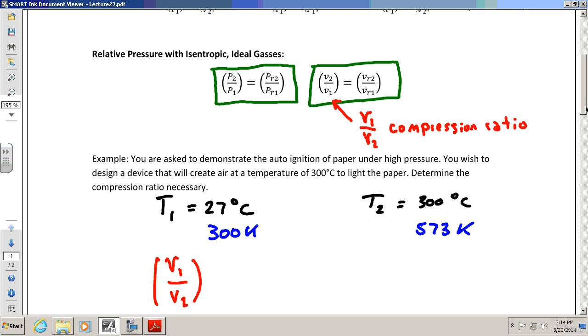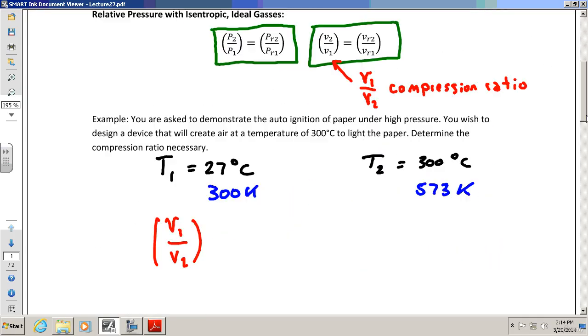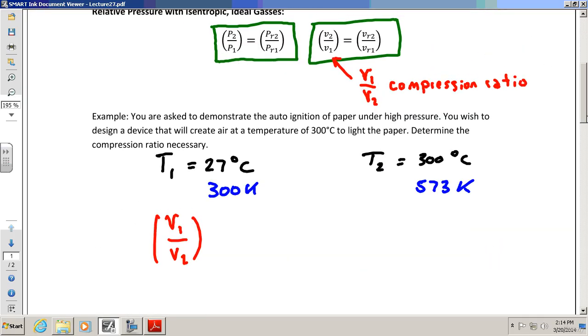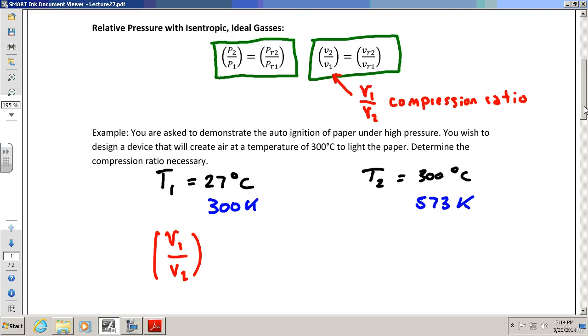Okay, that's the compression ratio. Okay, let's not pass that around anymore. Let's just pass it and observe now. Okay, all right. That's why we can't have nice things.